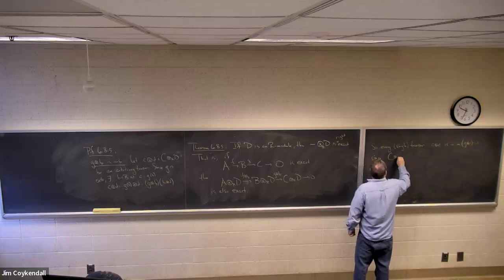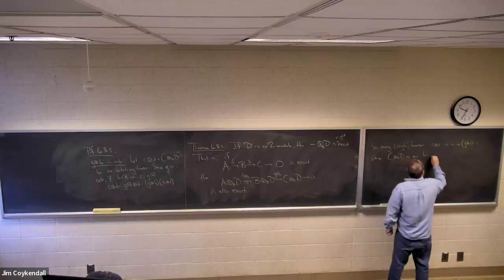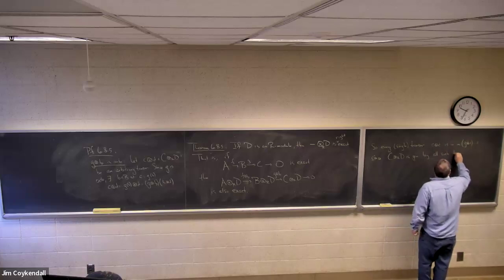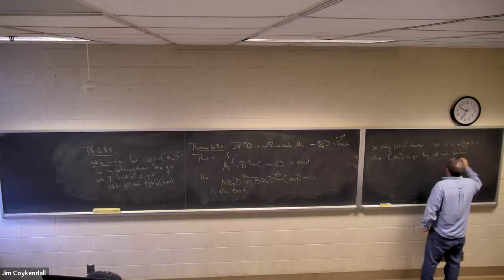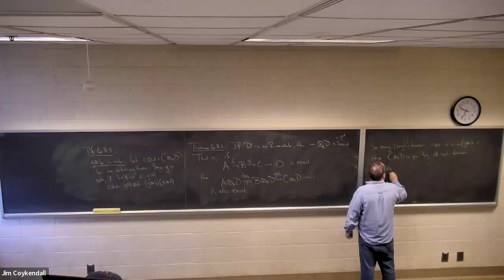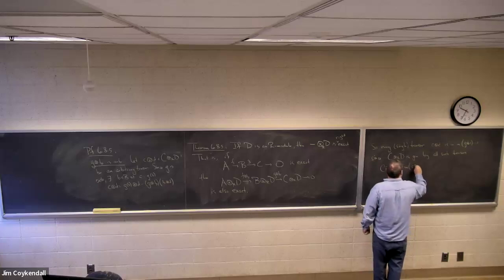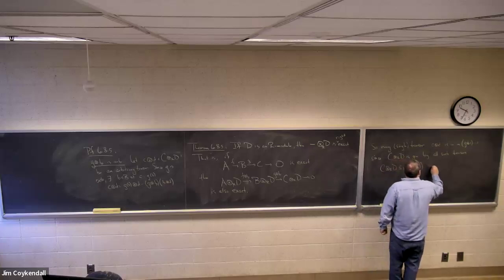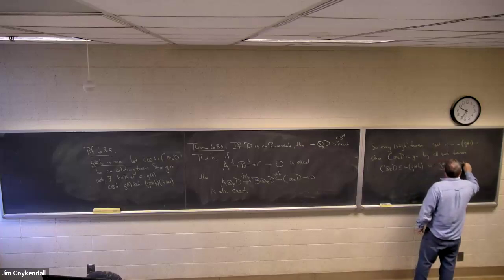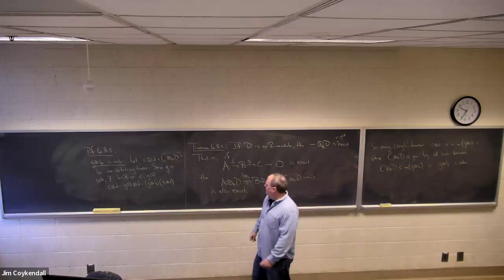Since C tensor D is generated by all such tensors, C tensor D is contained in the image of G tensor 1D. So tensor is really good content.